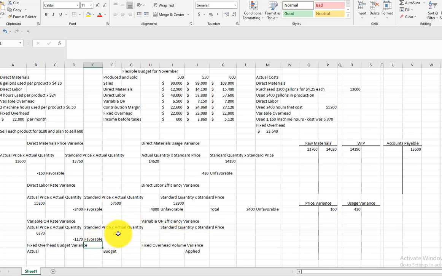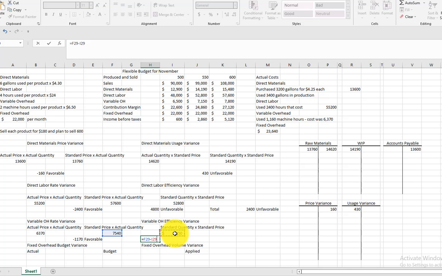Now we can use this same thing again. We just have to calculate what would be, get our flexible budget. Variable overhead would be $71.50. That's our standard. And then we just take the difference.